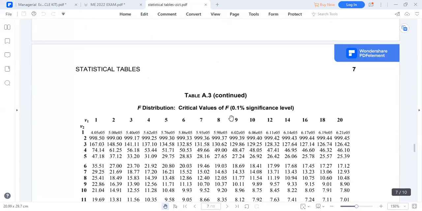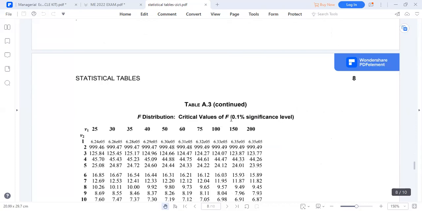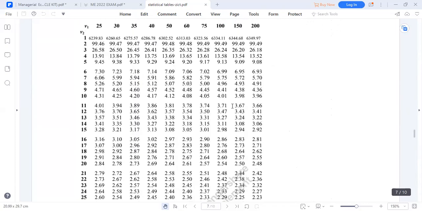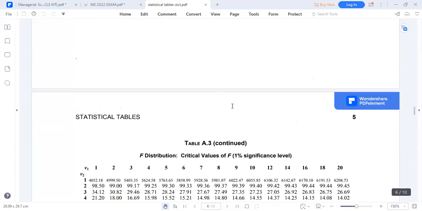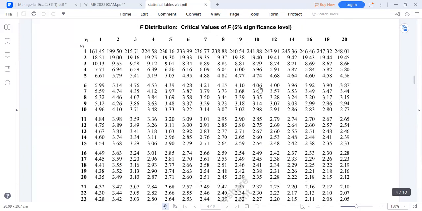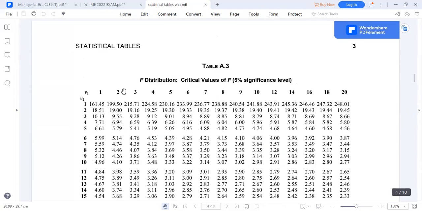Then the other one is the 0.1 table. So you go with the alpha you're given. Usually it gives 0.05. So 0.05 is 5%. That's a function of the degrees of freedom. So in the 5% table, the degree of freedom for the between was 2, within was 6. So you go where they meet, 2 and 6. That is how we got that figure there. Oh, okay.